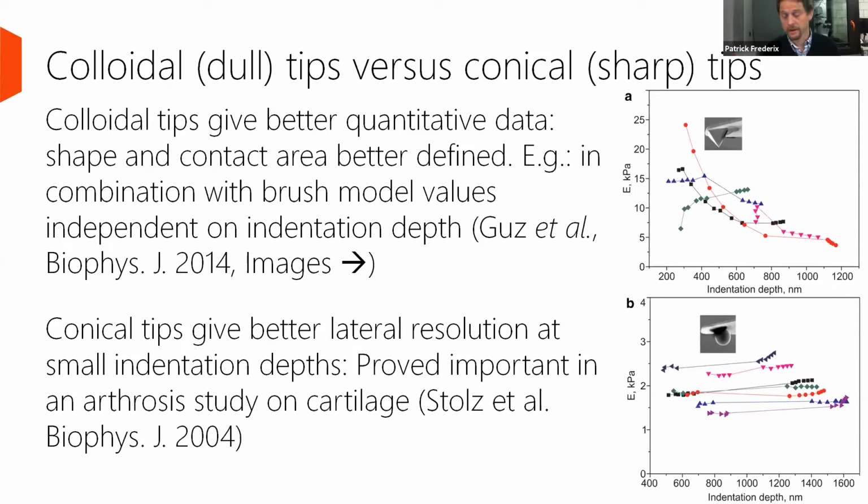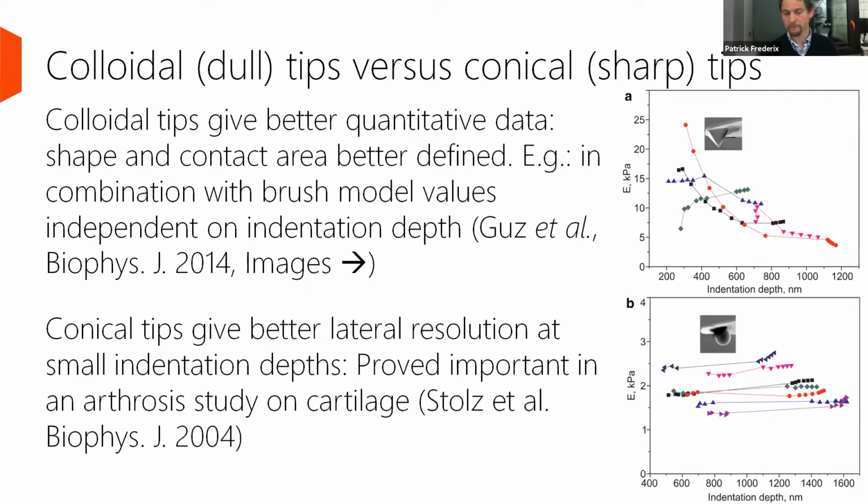Nevertheless, there are applications where conical tips have their advantage. There is a study from Martin Stolz from 2004, where he looked at cartilage. Cartilage has some hard fibers with some softer material in between, and if he used a colloidal probe, he could not see much of an effect on the stiffness during different stages of arthrosis.